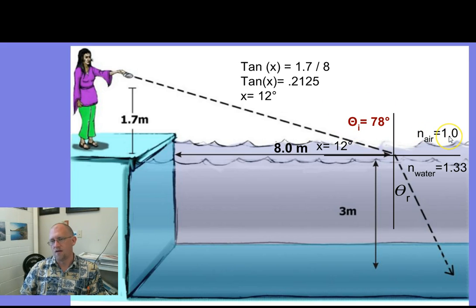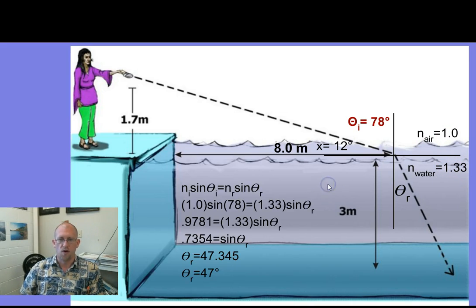And here, again, air has a refractive index of 1 and water has a refractive index of 1.33. So here we go: n1 sine theta 1 equals n2 sine theta 2, or if you want to use I and R, it's the same idea. 1 and 1.33 are my indices of refraction. Sine of 78 is 0.9781.